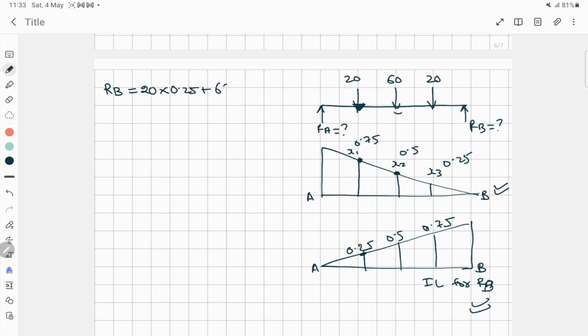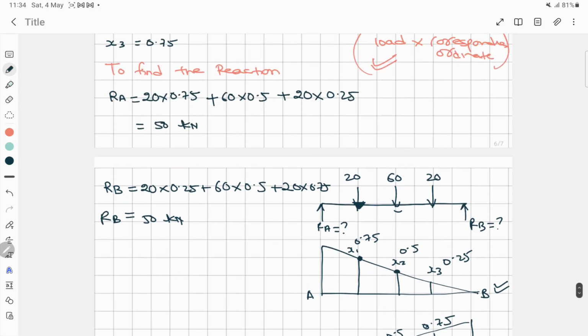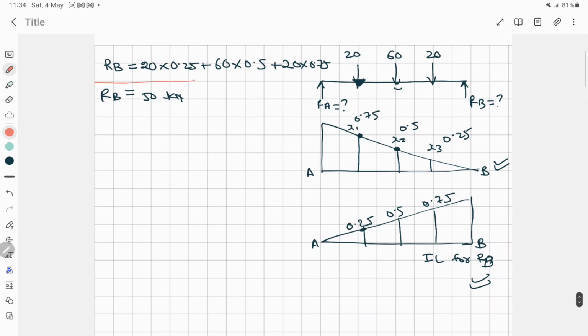Plus 60 into 0.5 plus 20 into 0.75. So the value will come around 50 kilonewton, same as RA. So here we have the values of RA and RB.